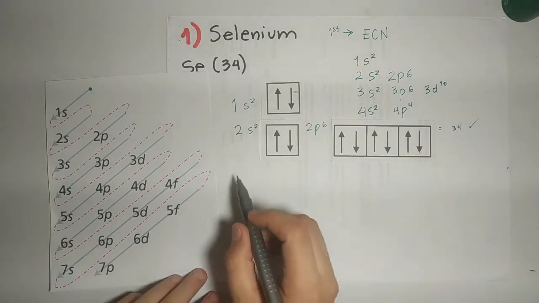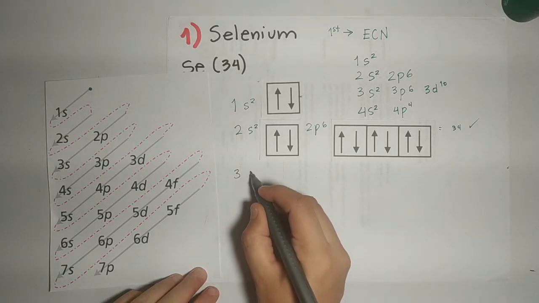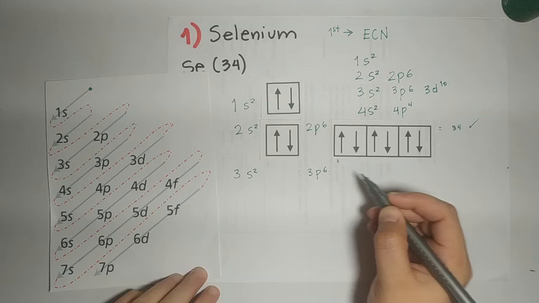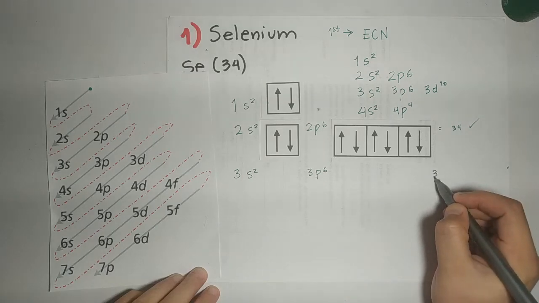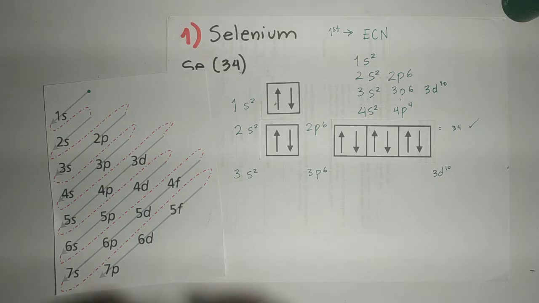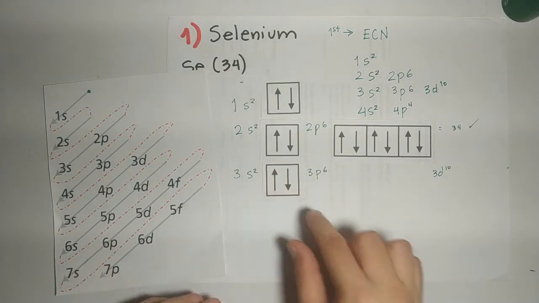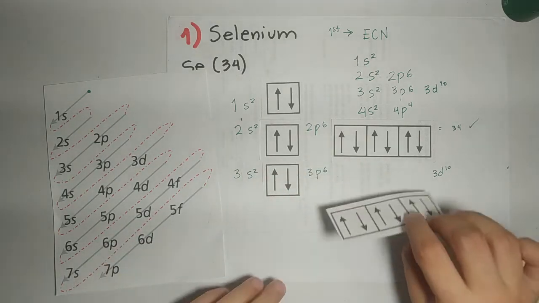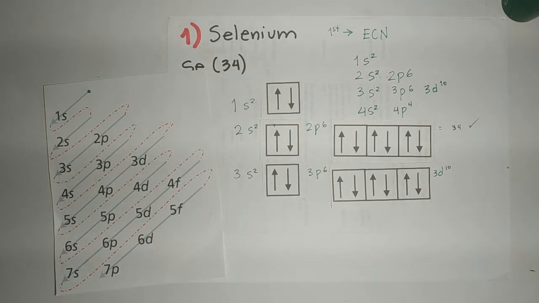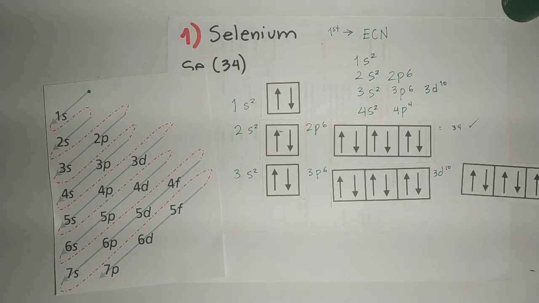In the third period I have 3s2, 3p6, and 3d10. So I have 3s2, 3p6, and 3d10.